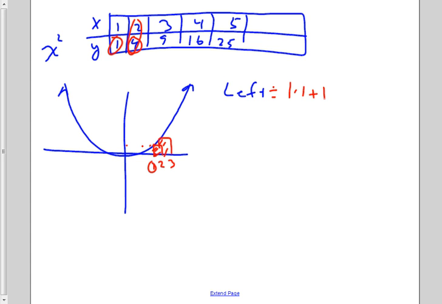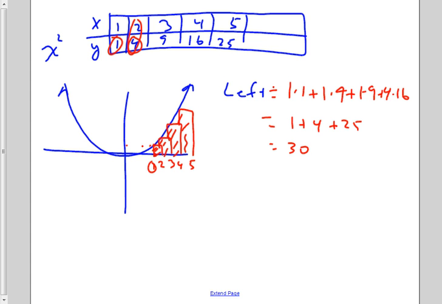So plus 1 times 4 plus 1 times 9 plus 1 times 16. So again, the idea here is that we're using the left-hand point to generate my y values. And what do we get? Well, 1 plus 4 plus 9 plus 16, which is 30.